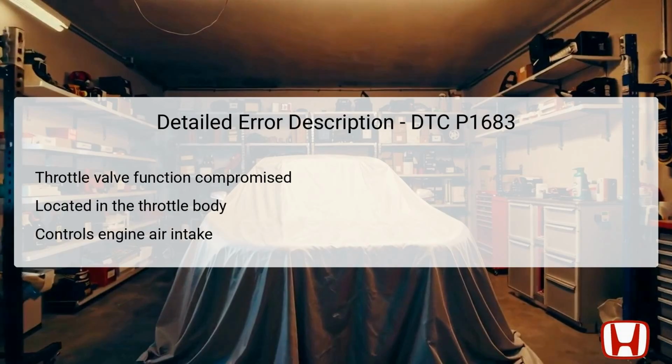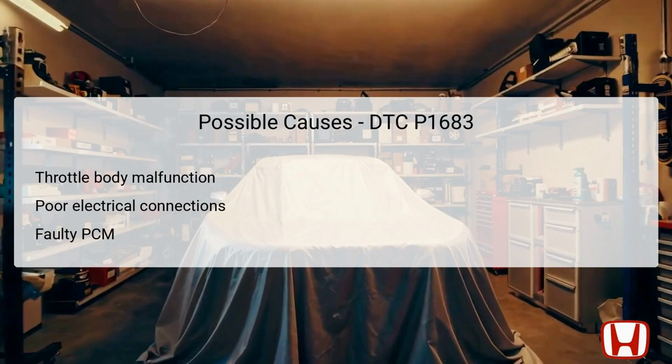engine performance. The potential causes of DTC P1683 include various factors affecting the throttle body and its connections. A malfunction within the throttle body, whether due to wear, dirt buildup, or mechanical failure, can impair its functionality.